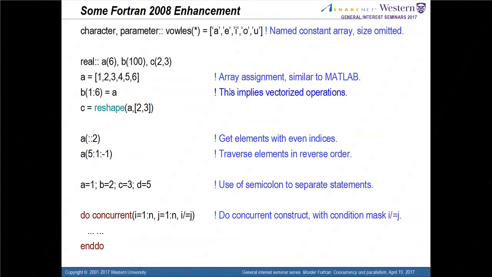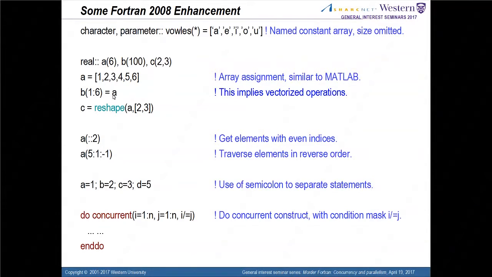And the second, this is a new way of initializing an array. You define a 6-element array A, then you can assign values to A in this fashion, which is similar or almost identical to MATLAB. And also, you can assign the entire array to a block of another array B in this fashion.